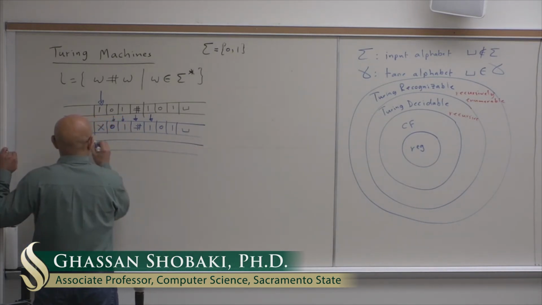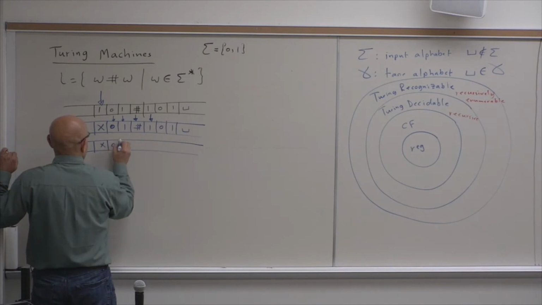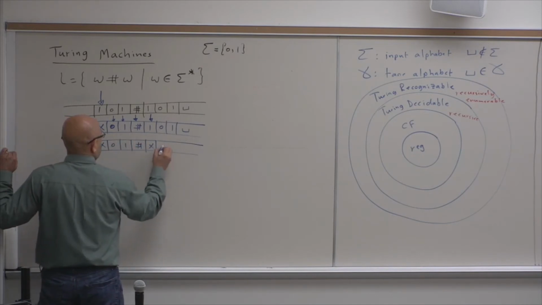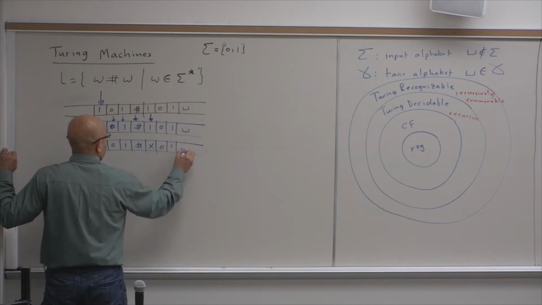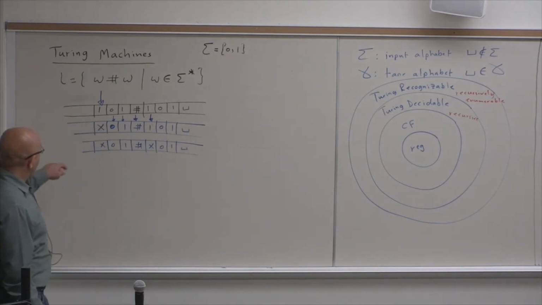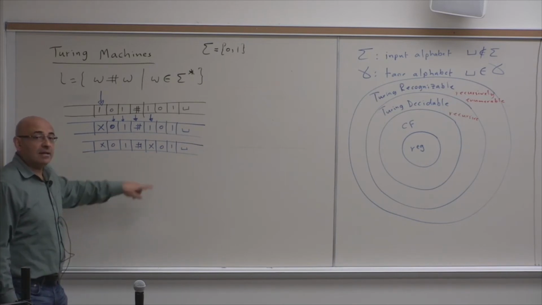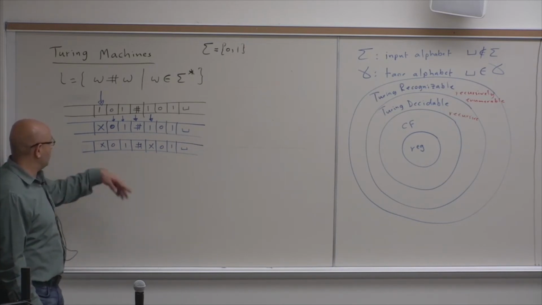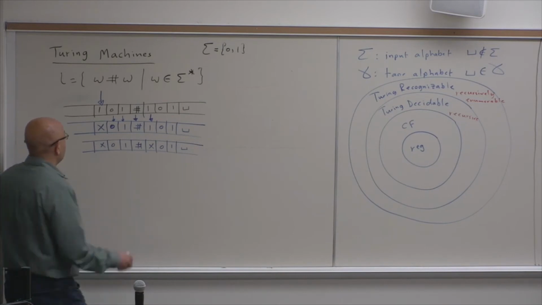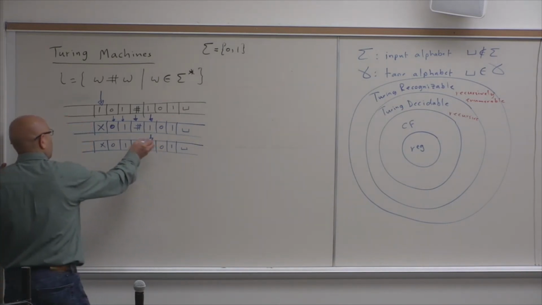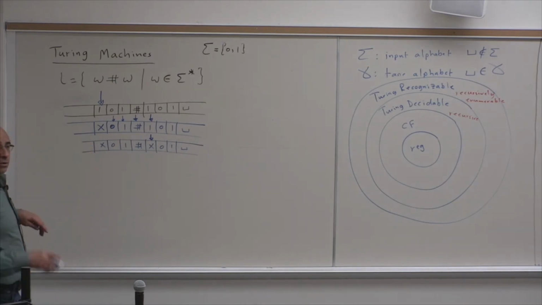So it's going to mark this. Now we have marked this and this after matching them, and the Turing machine can keep doing this. Now the head will go left.